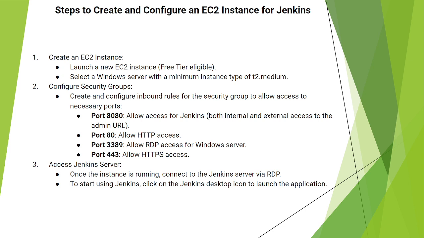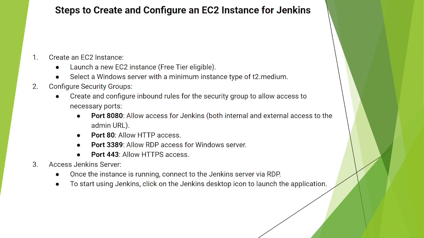T2 medium will usually have 4 GB to 8 GB of RAM. That should be enough to run your automation tests, and then you can configure security groups to make sure that you can connect to your Jenkins server locally. To do that, create and configure inbound rules for a security group to allow access to the necessary ports.